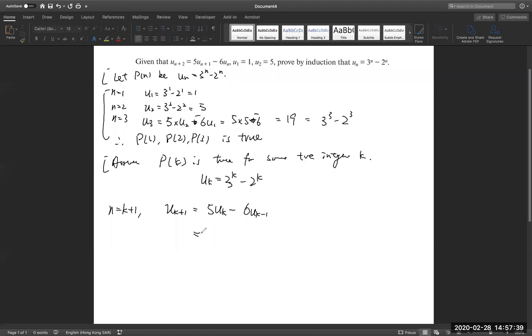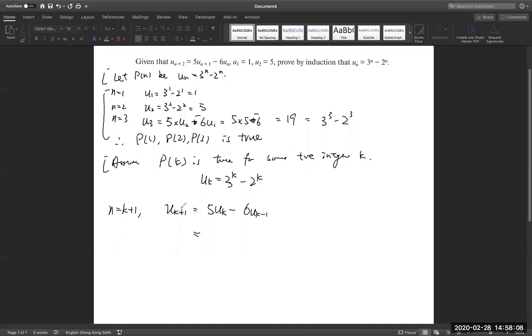Well, what do we do after that? Don't we use 5u_(k minus 1)? Basically n plus 2 equals k plus 1. Okay, and just replace n plus 2 by k plus 1.